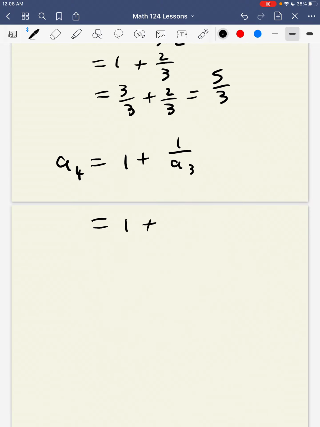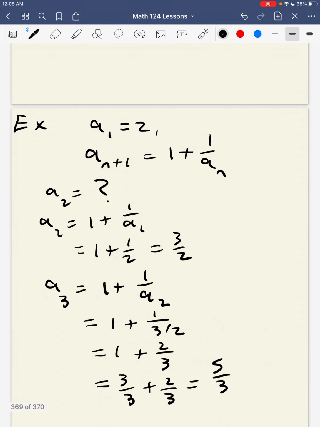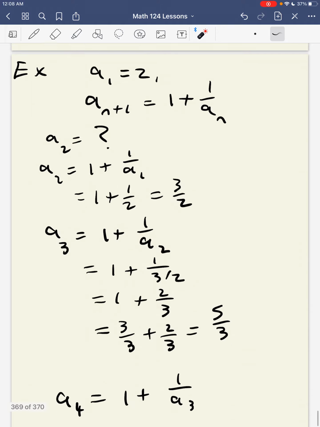So 1 plus 1 over 5 thirds. 1 plus 3 over 5. It's 5 over 5 plus 3 over 5. Right, and you could just keep doing that. So that is a recursive sequence. It's just when you use one of the previous terms in the next term.